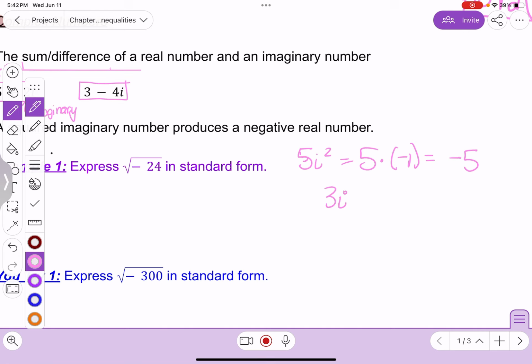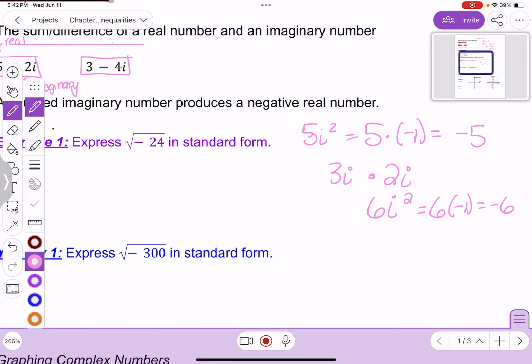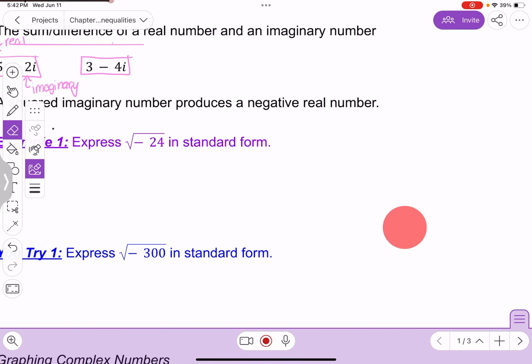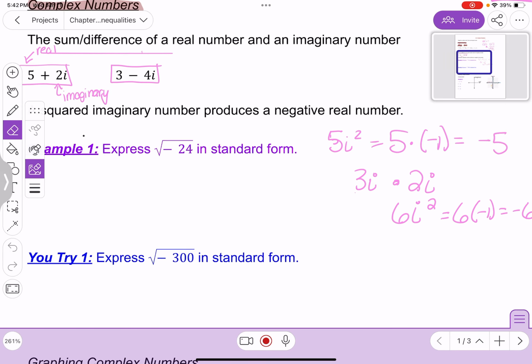So 3i times 2i: 3 times 2 is 6. i times i is i squared, which is 6 times -1, or -6. That's what that's saying. We'll get more into that in a little bit. That's just what that means.